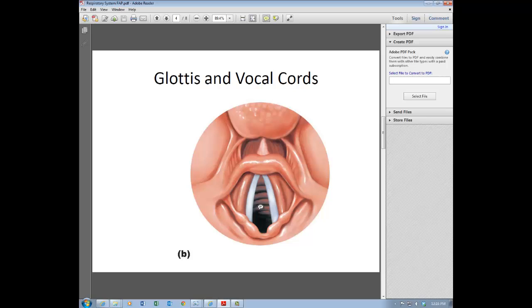We can't really put a pin on the glottis because it's a space. When we increase the size of the space, our voice is very low. And when we bring our vocal cords very close together, our voice is higher. When you cough or bear down, you close this space, closing the glottis, and that increases abdominal pressure. That happens instinctively during bowel movement and during childbirth.